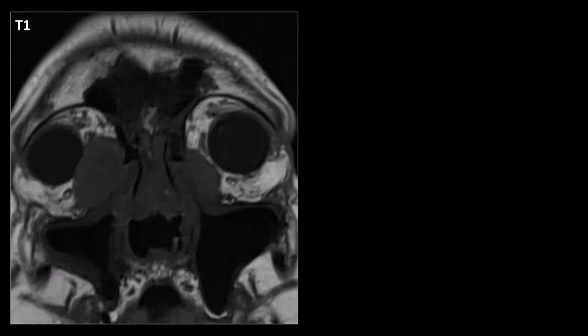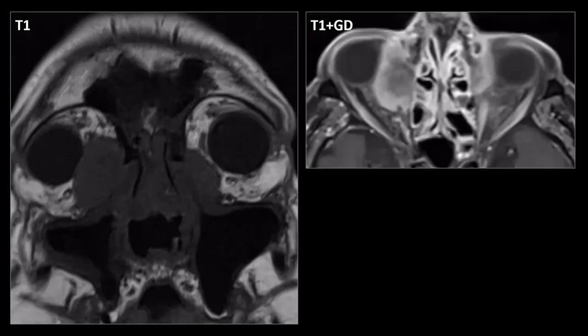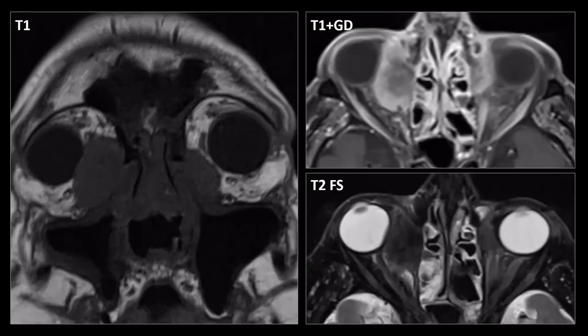Here's a patient with very extensive T1 hypointense lesions medially and somewhat inferiorly in the extraconal compartment on both sides. These are intensely but somewhat heterogeneously enhancing, as you can see on this T1 weighted image with gadolinium, and on a T2 weighted image, fat saturated, we see that these lesions are very hypointense.